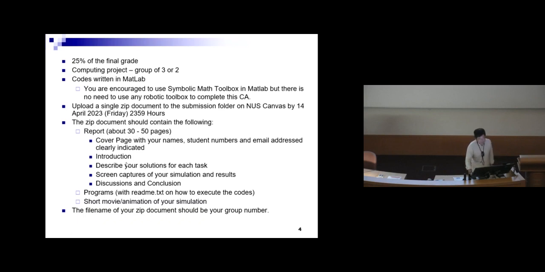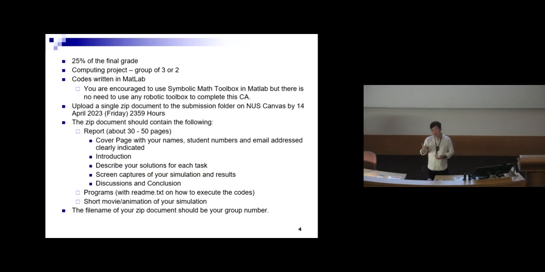The report should also include an introduction, and describe your solution for each task, how you approach the different tasks. It's likely that after you derive the kinematics, you will look at the inverse kinematics. You will probably involve deriving the inverse kinematics and then planning the stroke.